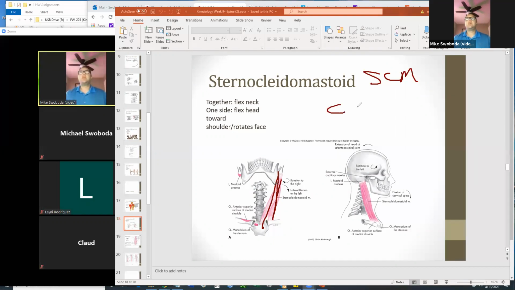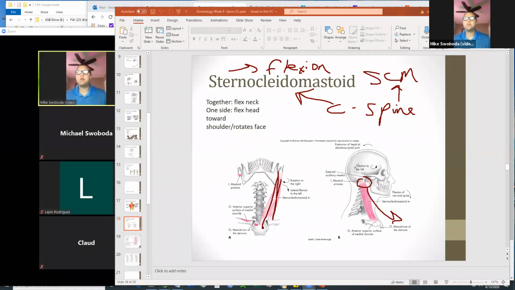So C-spine, sternocleidomastoid. If I use both of these together, that's going to flex my neck. Now I should make the distinction that this does all flexion. Because your SCM goes back to forward, it's going to move your head forward.